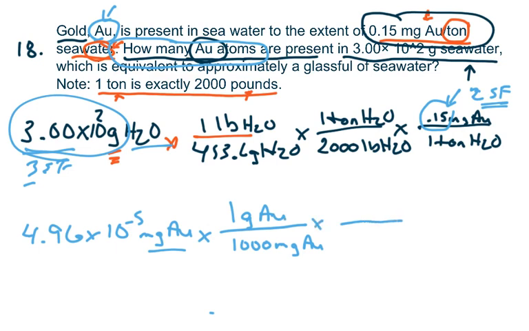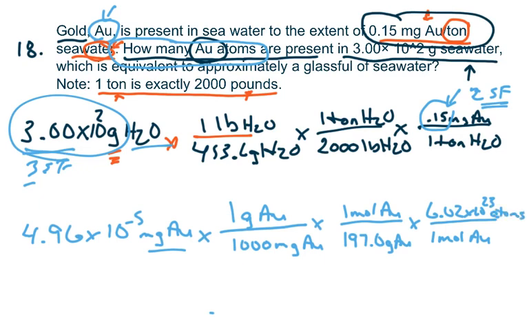Then we can just use a periodic table. Gold is 197.0 grams of gold per 1 mole of gold. And then, like always, in 1 mole of gold there are 6.02 times 10 to the 23rd atoms of gold.